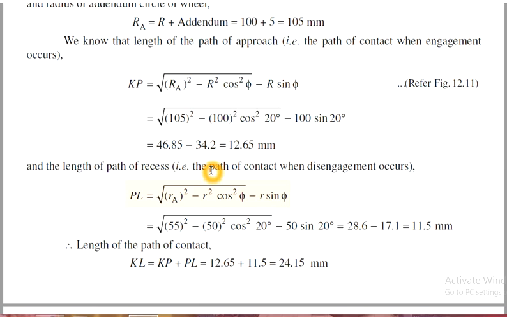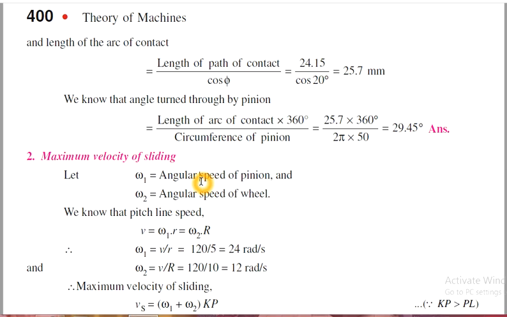So finally, by clubbing these two, we get the path of contact, that is KL is equal to KP plus PL, that is 24.15.